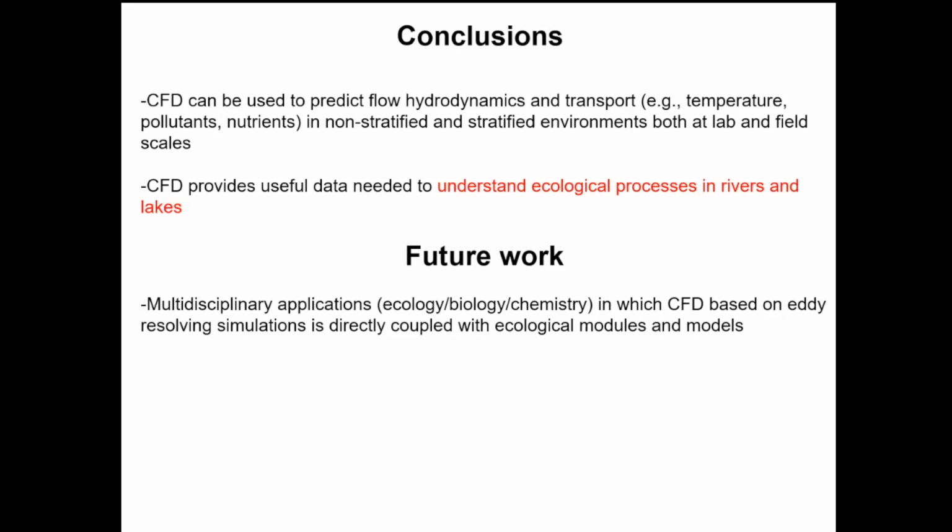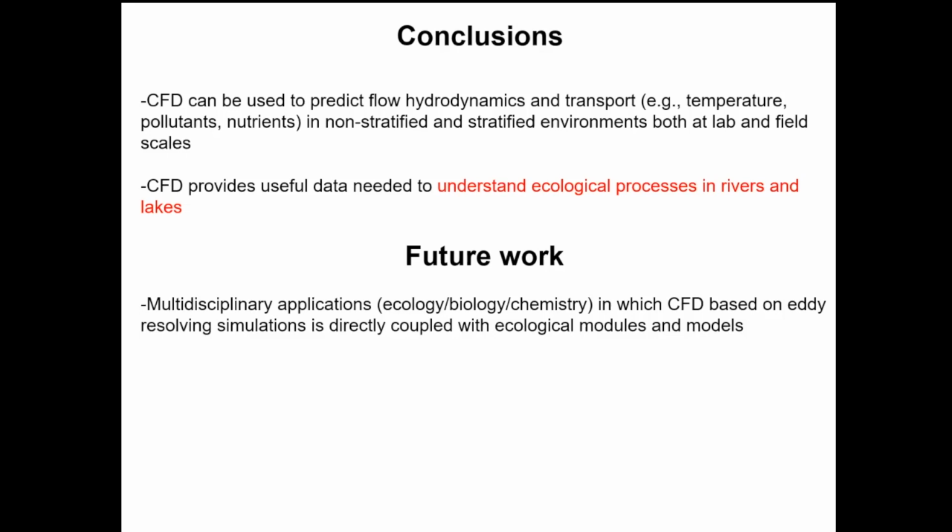Also, in terms of the fish project, CFD was able to provide the data needed for the ecological model to be run. It provided the spatial distribution of the velocity inside of the river.